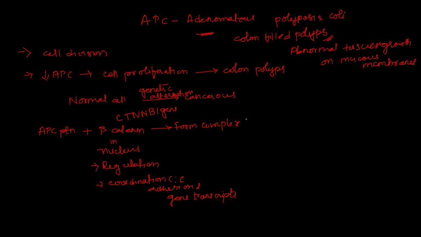Okay, now after that it's going to form a complex, after which degradation of this protein, beta catenin, will occur, in the presence of APC. But when APC is not present, what will happen? Definitely there will be a higher level of beta catenin.